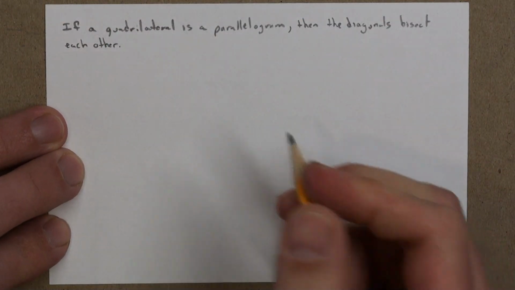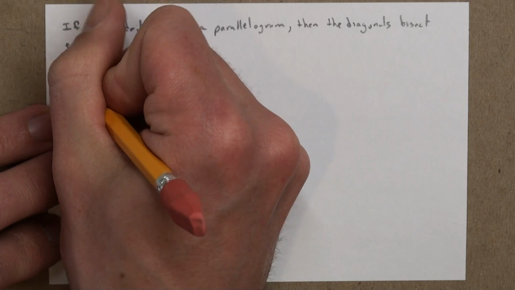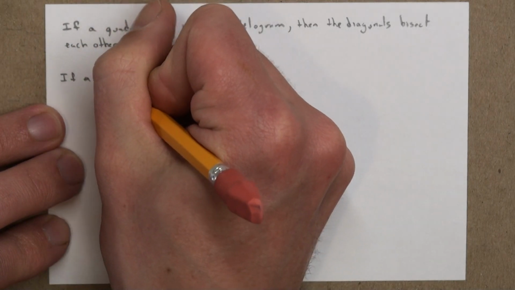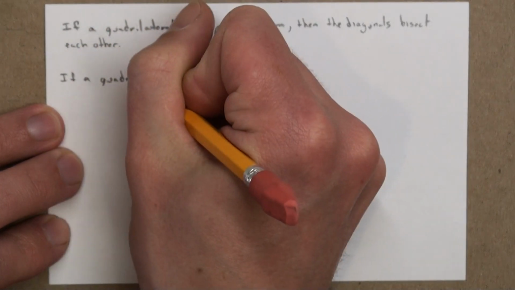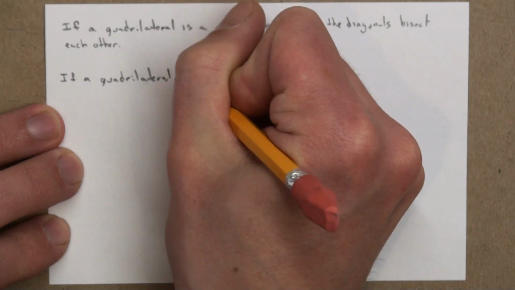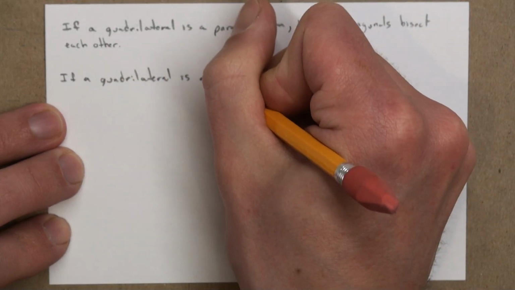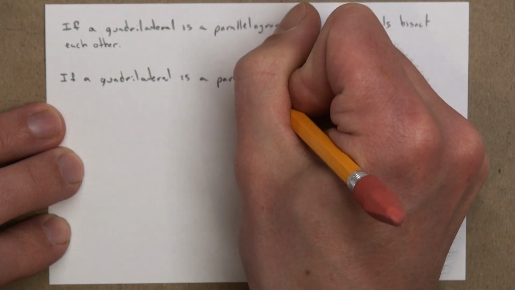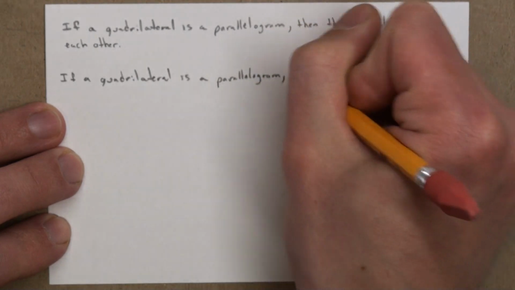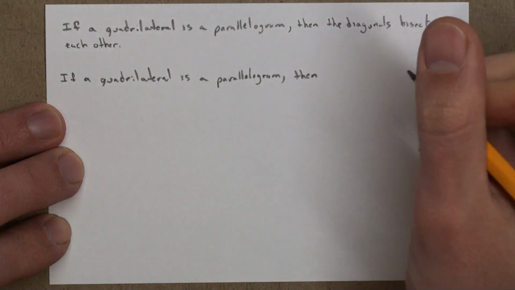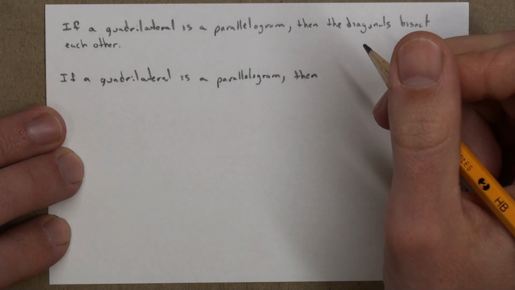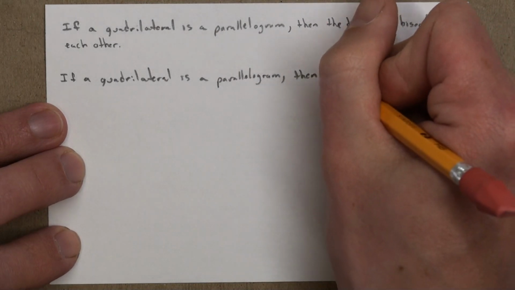And then if a quadrilateral is a parallelogram, then the diagonals form two congruent triangles.